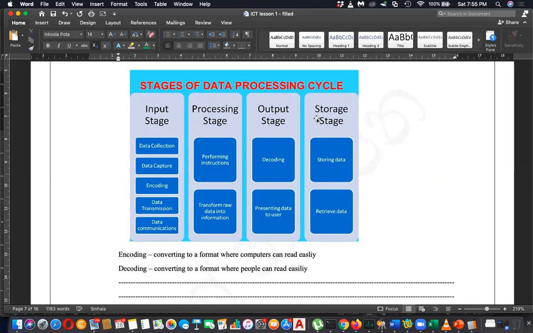After storage, one day you have to input that data again, because the value of information diminishes with time. After some time it will become data again. Then you have to start again from data collection and capturing, then processing, output, and storage.